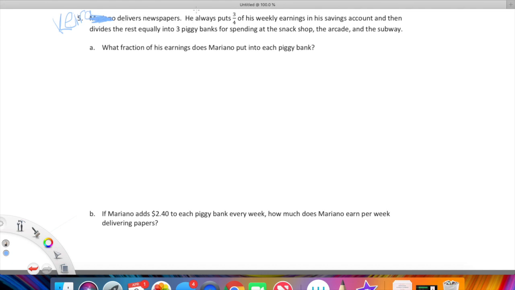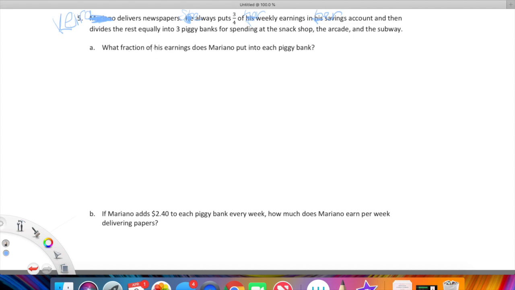Kira delivers newspapers. Yay, Kira! I didn't know she did that. I mean, isn't that amazing? She always puts 3/4 of her weekly earnings in her savings account and then divides the rest equally into 3 piggy banks for spending at the snack shop, the arcade, and the subway.